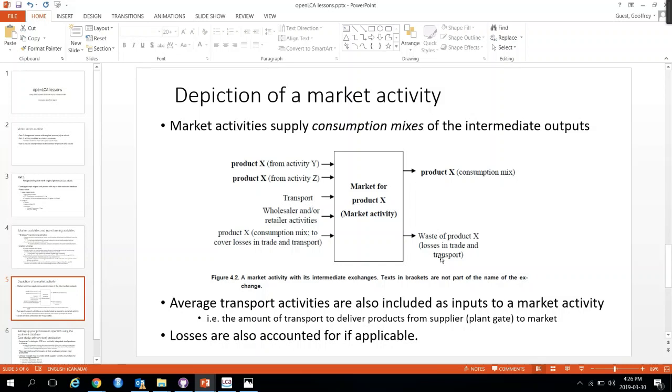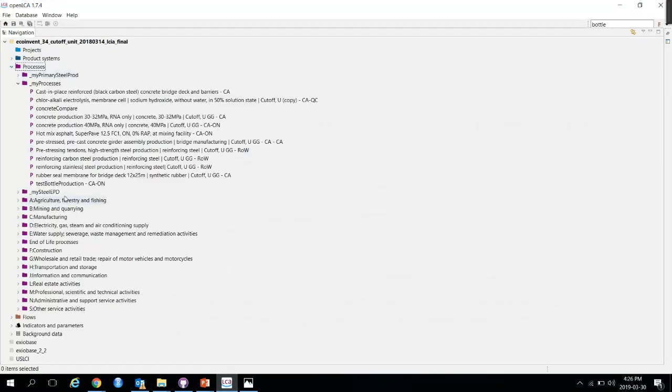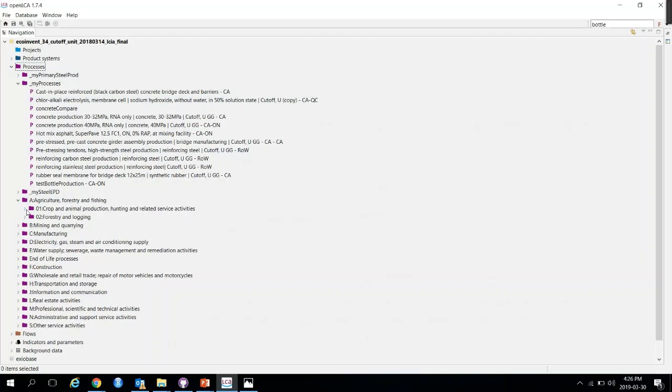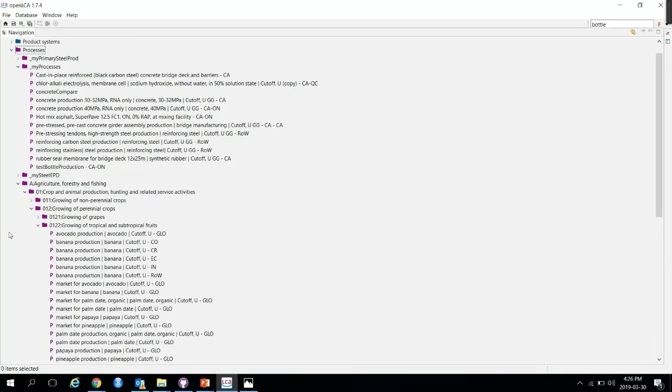Okay, so from there, we can sort of get an idea of what to do when we run into it. So let's go to openLCA and let's just look at some processes in ecoinvent. So I'm just going to go somewhere random.